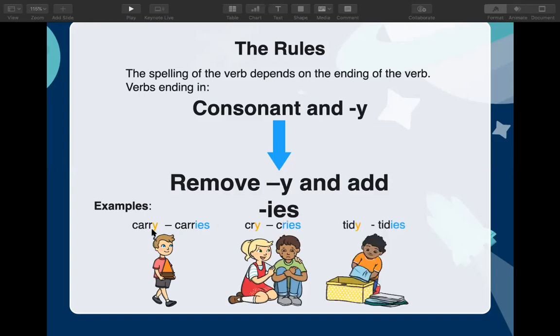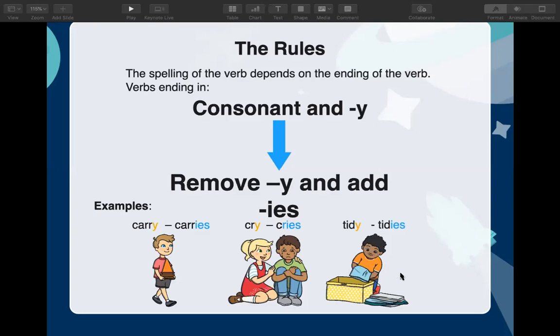For example, carry, you take away the Y and you add IES, carries. Repeat after me, carries. Cargar. Cry, take out the Y, add IES, cries, llorar. Tidy turns into tidies, limpiar o guardar o poner en orden.